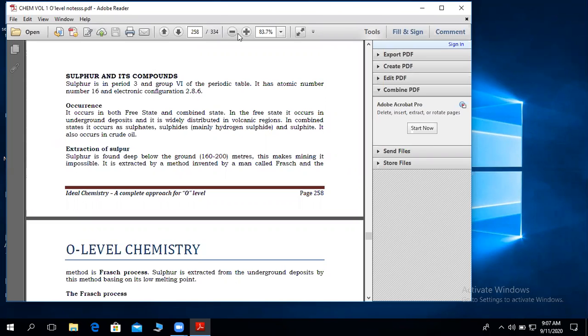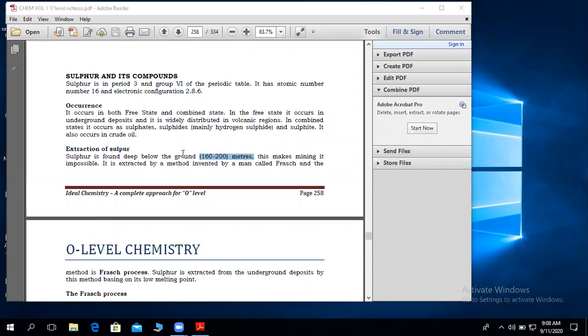We are emphasizing that sulfur is found 200 meters below the ground. This makes mining it impossible. You can imagine digging 200 meters down the ground. It is somehow impossible.